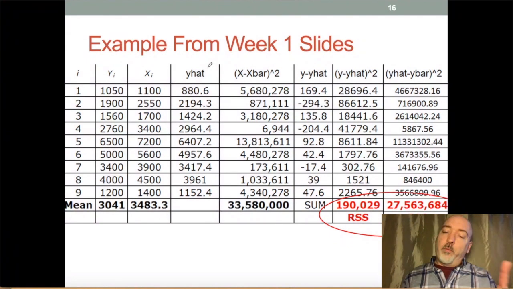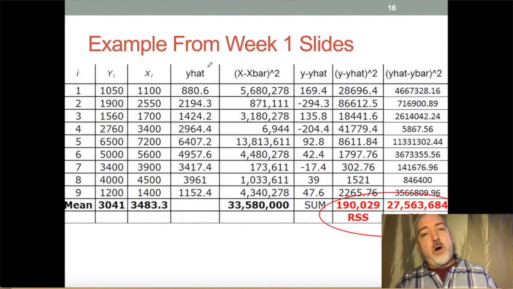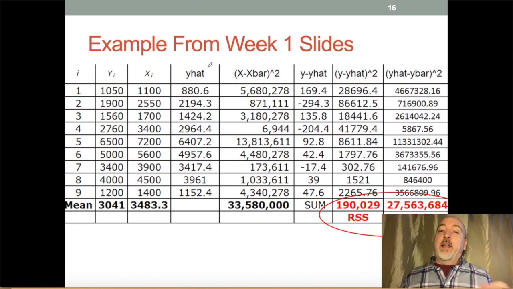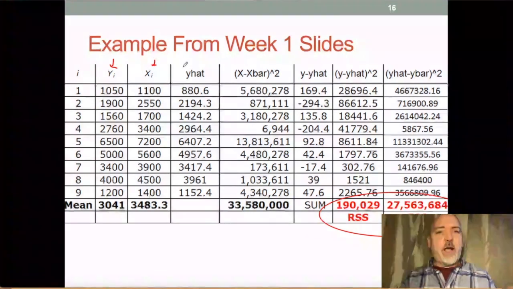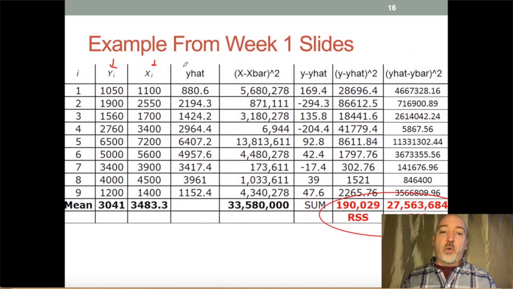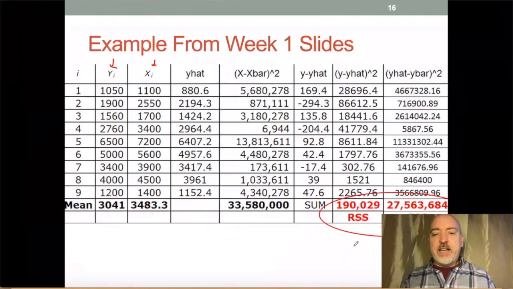So one more time, let's go back, all the way back to week 1. Man, that seems like a long time ago, where we had that little 9 observation example consumption function data set, where we had our Y household consumption, for example, our X household income, and remember we showed piece by piece how to get the B0 hat, the B1 hat, the Y hat, and the residual, and that gave us these numbers.